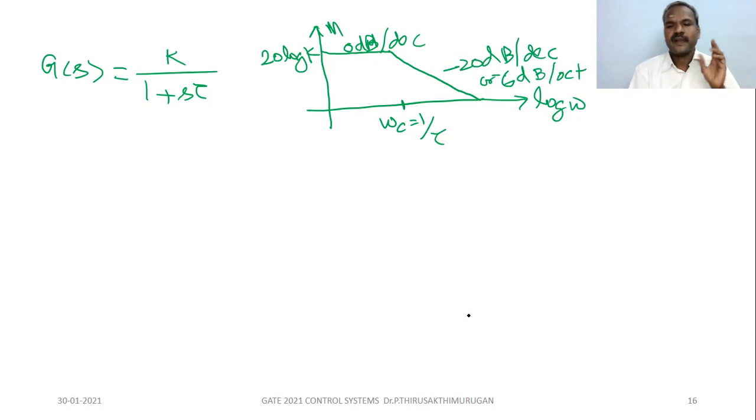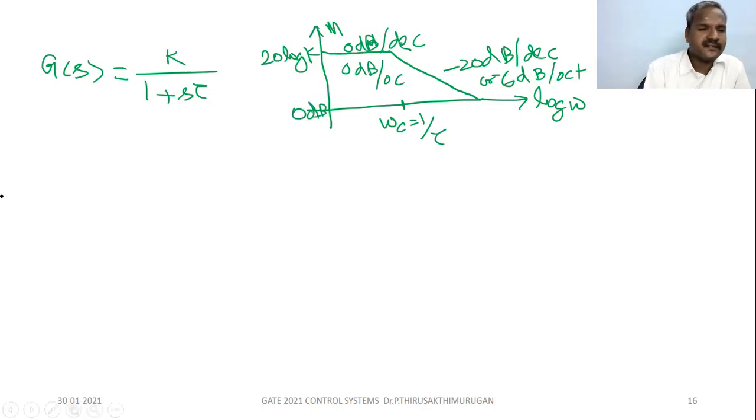Before it, this is 0 dB per decade or 0 dB per octave. So this is the standard Bode plot for this transfer function. Understand?